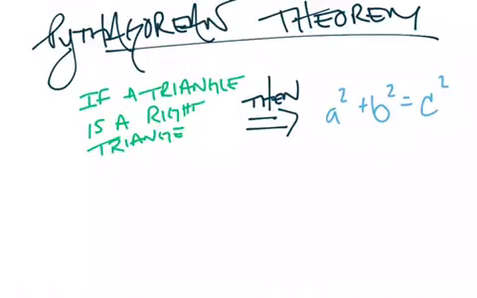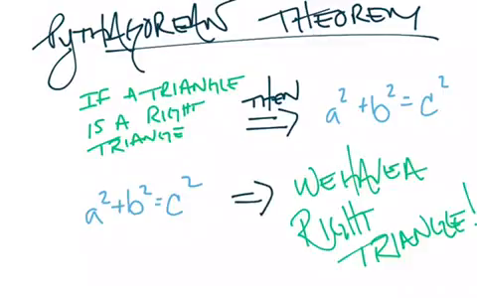Meaning that if the sum of the squares of the two legs is equal to the square of the third side, that means we have a right triangle. Okay, so let's look at an example of this.